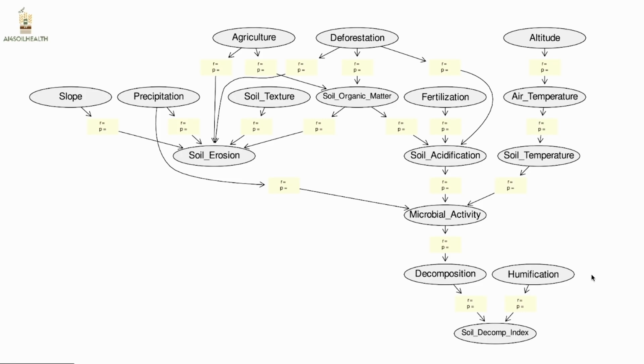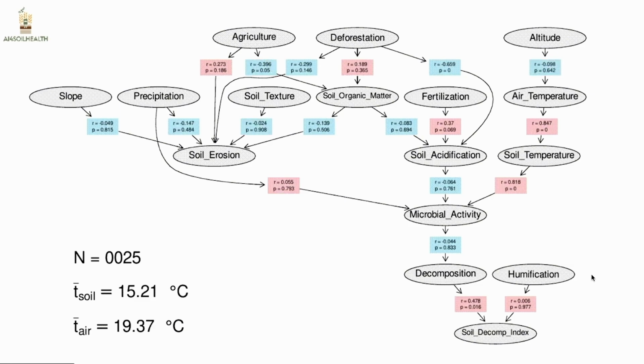These places on the edges are reserved for some statistics. And now you can see the Bayesian network is developed according to the number of samples we used.